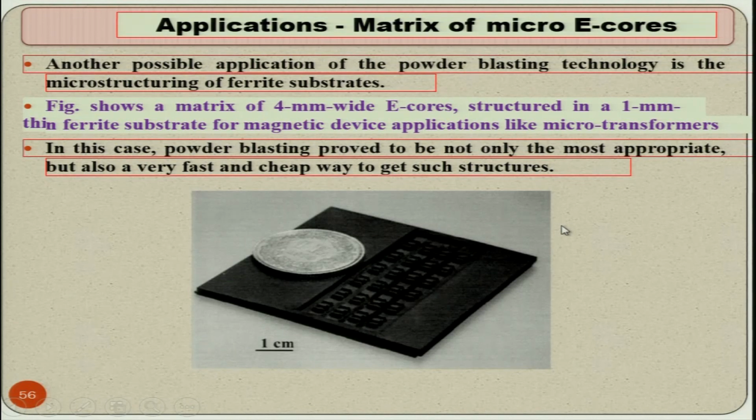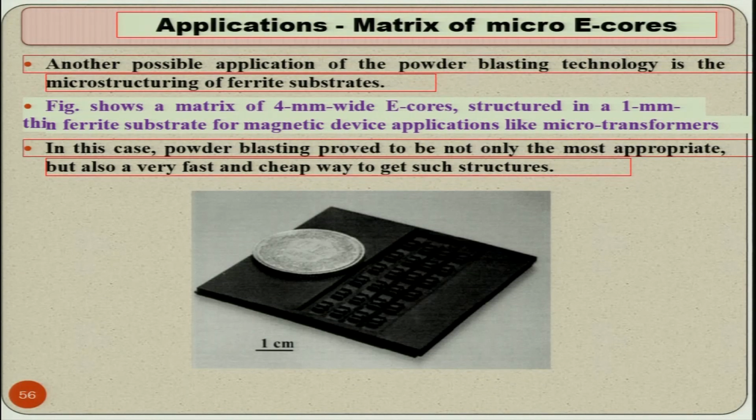In this case, powder blasting proved to be not only the most appropriate, but also a very fast and cheap way to get such structures. These structures with the help of powder blasting have been made very fast and economically, and this is the ferrite material. Although this is a ferrite material, which is electrically conducting, you can use other processes also, but they may be a little expensive compared to abrasive jet micromachining.